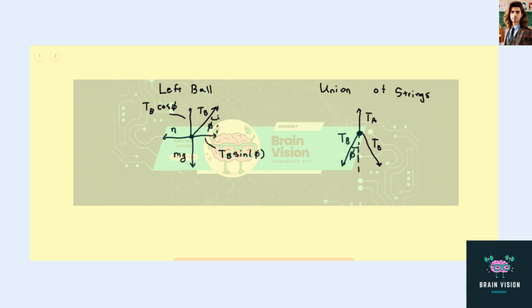So now we can start applying Newton's second law. The sum of the forces in the y direction is equal to the mass times the acceleration in the y direction, which is equal to 0. I'm going to apply this to the left ball. And this implies that tension in B times cosine of phi, which is just this top force, is equal to mg.